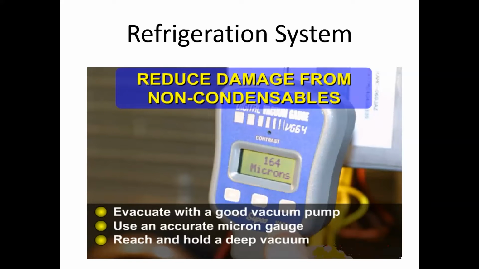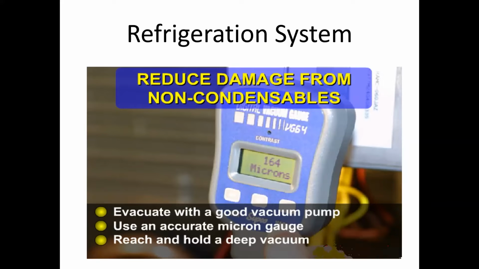If you don't pull a good vacuum, there is going to be moisture and or atmospheric gases in the refrigerant lines. They're going to react with the oil and the refrigerant. You're going to create acid, and you're going to fail your compressor.